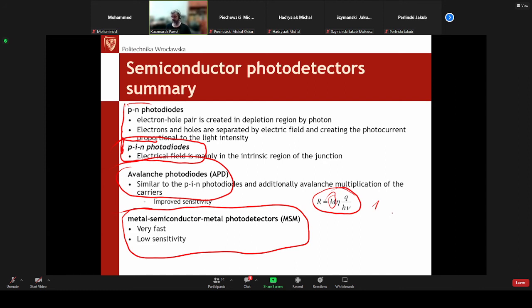So they require quite sophisticated power supply units to keep the conditions of operation for such a detector in, let's say, safe areas. This multiplication is also sensitive to the temperature and other factors. So the power supply for such a photodetector isn't an easy task to make.